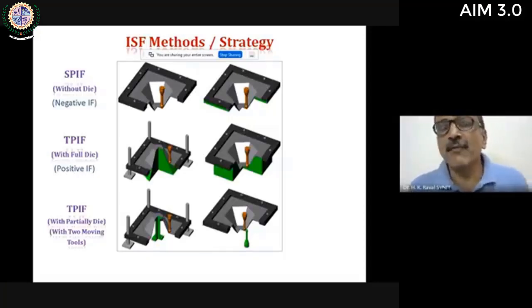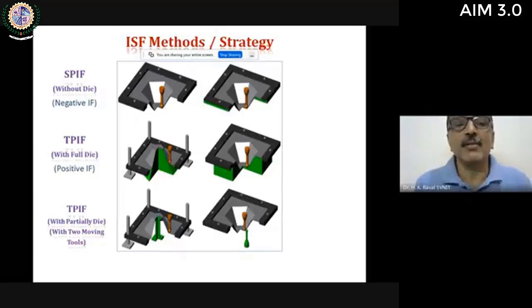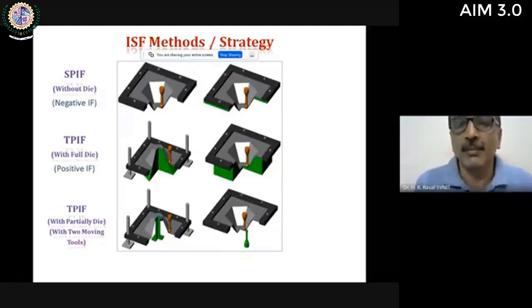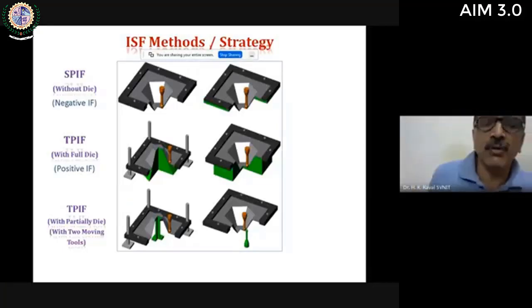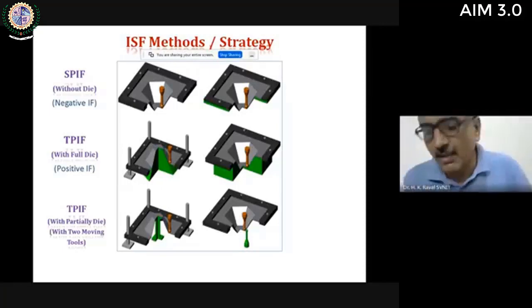So these are the different ways of defining ISF. We will be discussing only the first figure, SPIF, single point incremental forming. There is some research going on for TPIF also, but we will limit our discussion to SPIF.